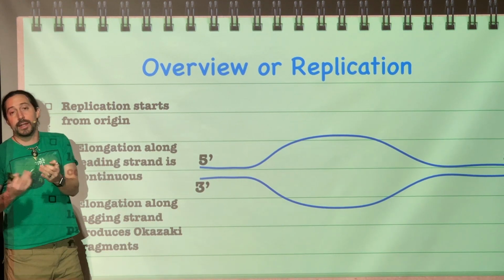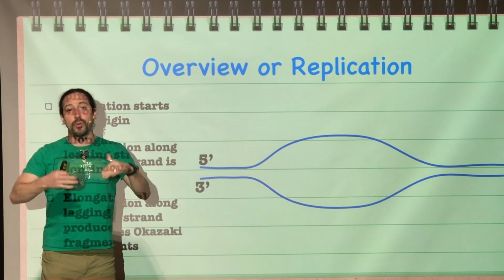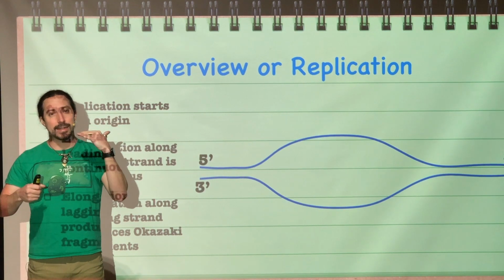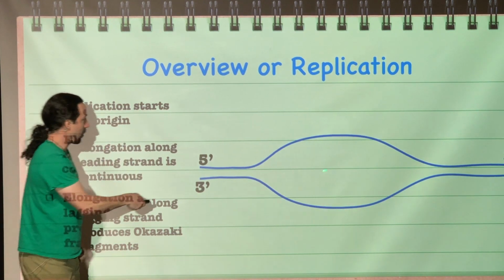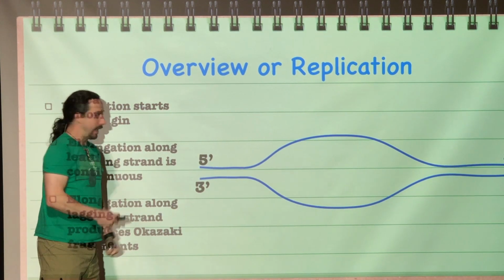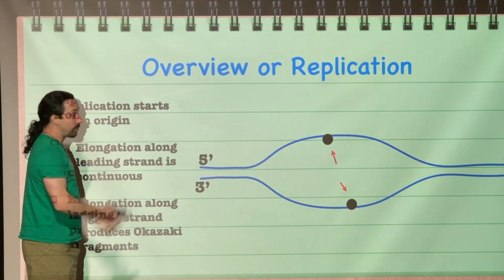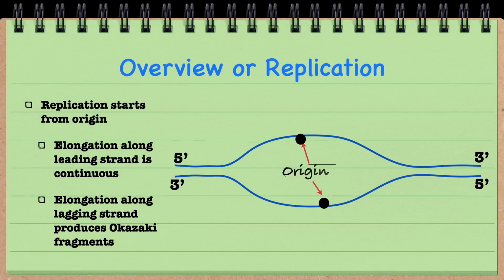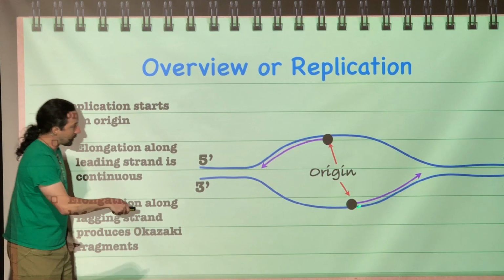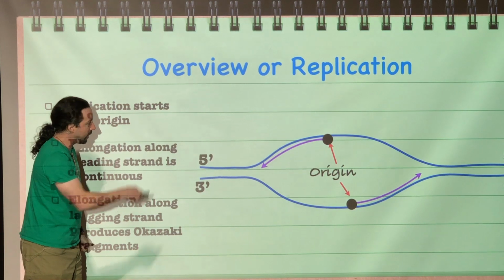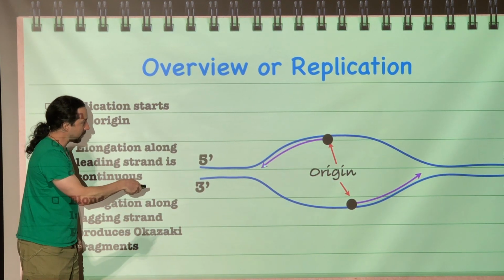Now, I showed it in the previous little example where it started from one end, but a lot of times it's actually going to start in the center of the DNA. And so if we have our origin on both sides where the DNA gets separated out, we will see that you will have elongation occur with the leading strand going in the 3' to the 5' direction and the 3' to 5' direction.